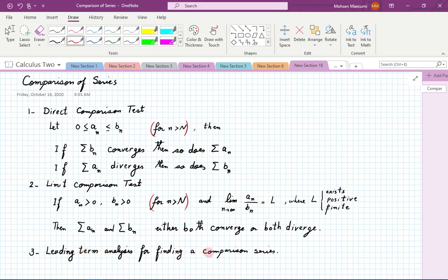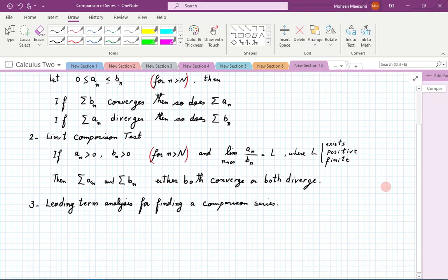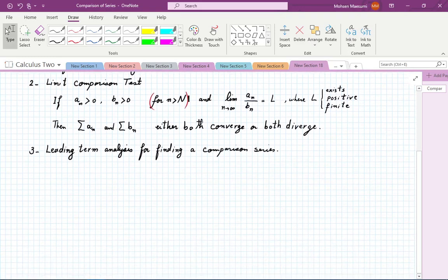And the third one would be, if we are given a series, how do we go find the second one for the purpose of these kinds of tests? So let's get started by doing some examples.